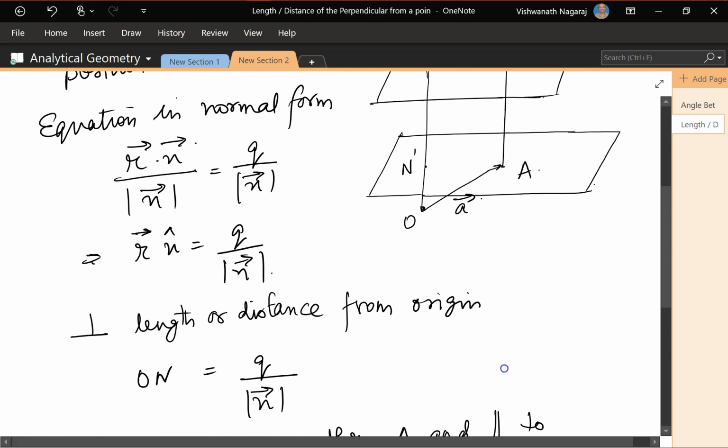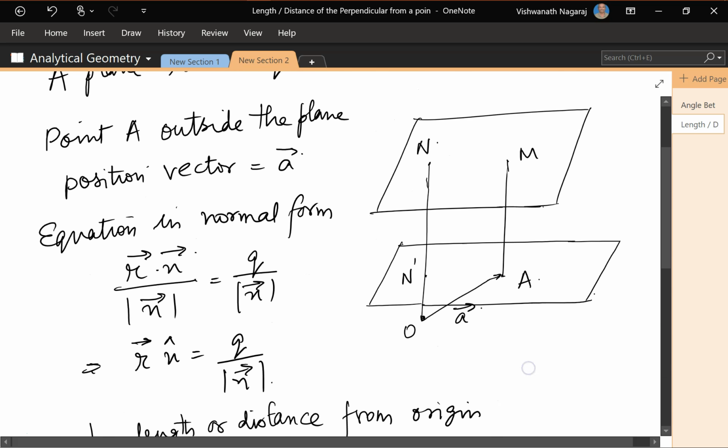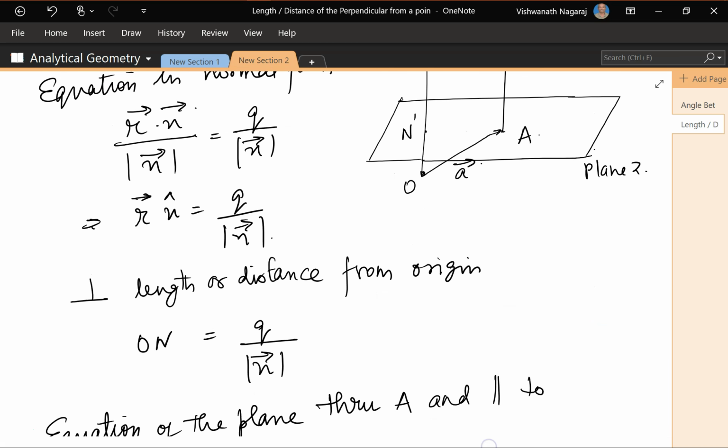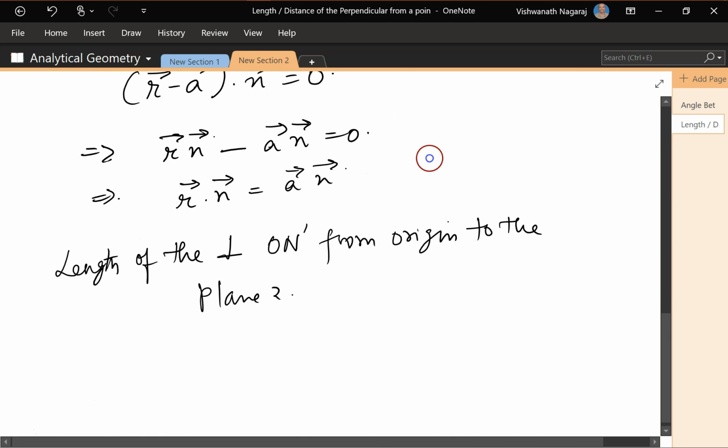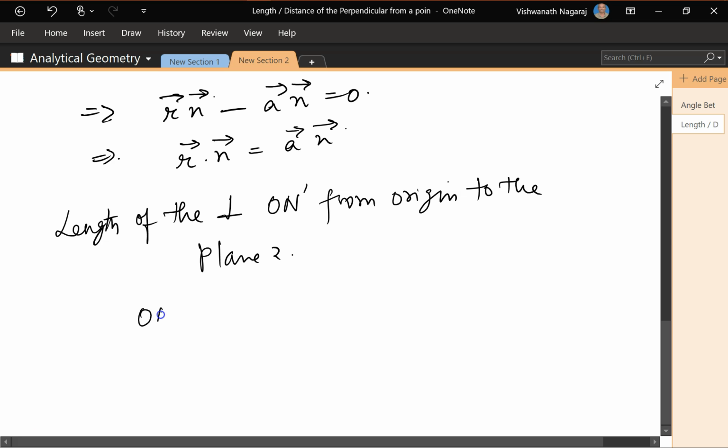Okay, now let's mark it in the diagram also. Let's say this is plane 1 and this is plane 2. So we want to figure out the perpendicular distance of plane 2 from the origin. So ON prime is equal to A dot n divided by magnitude of n.